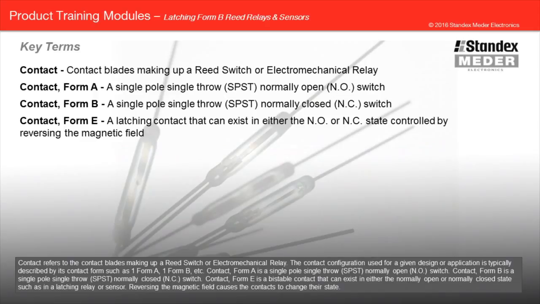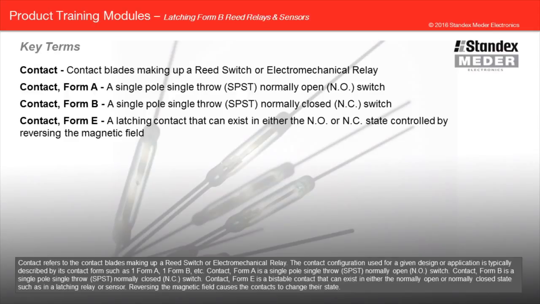Contact refers to the contact blades making up a reed switch or electromechanical relay. The contact configuration used for a given design or application is typically described by its contact forms, such as 1 Form A, 1 Form B, etc. Contact Form A is a single pole, single throw, normally open switch.